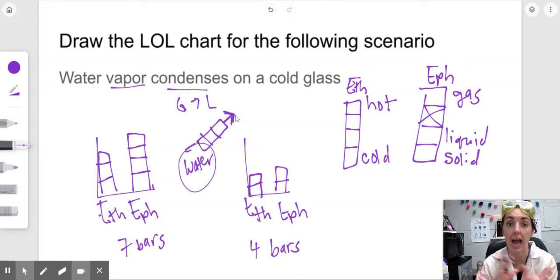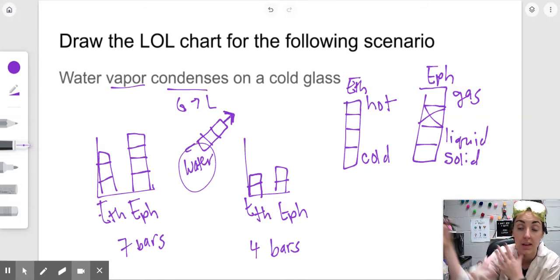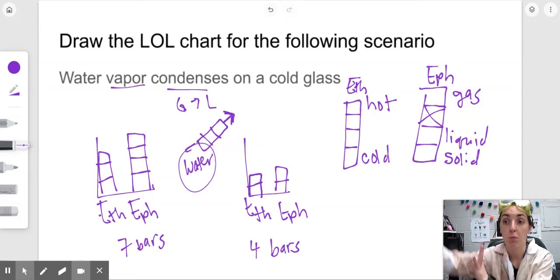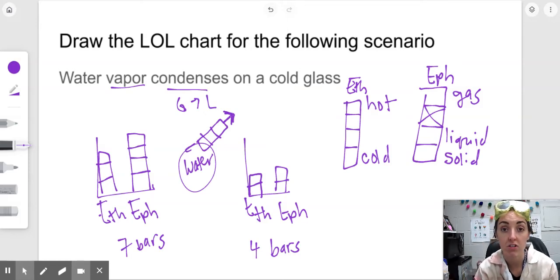So that arrow is going out, away from the system. It's pointing away from the system. If it was pointing in towards the system, that would mean energy in. If it's pointing out, away from the system, so energy goes out. I have 3 bars that are leaving the system because I went from 7 bars to 4 bars. So 3 bars leave.